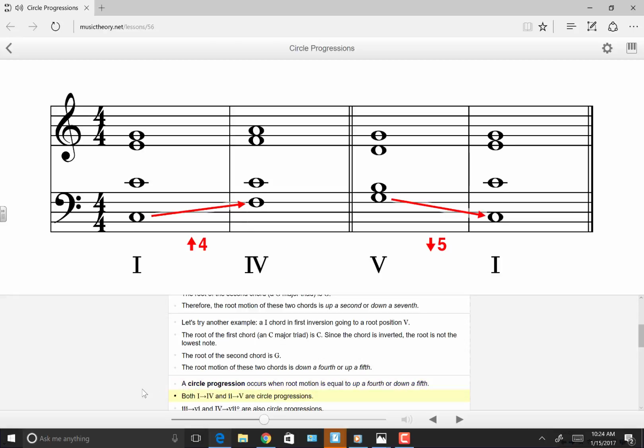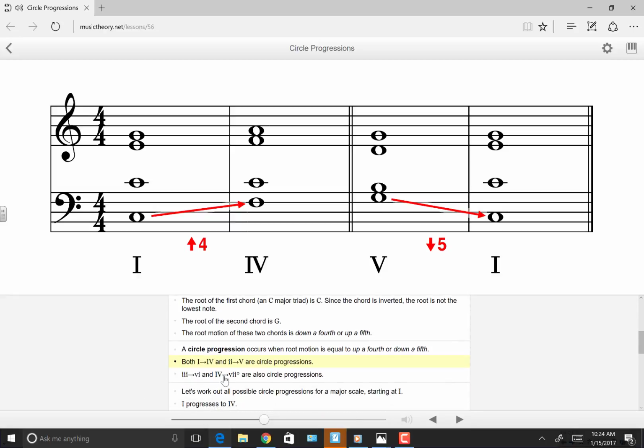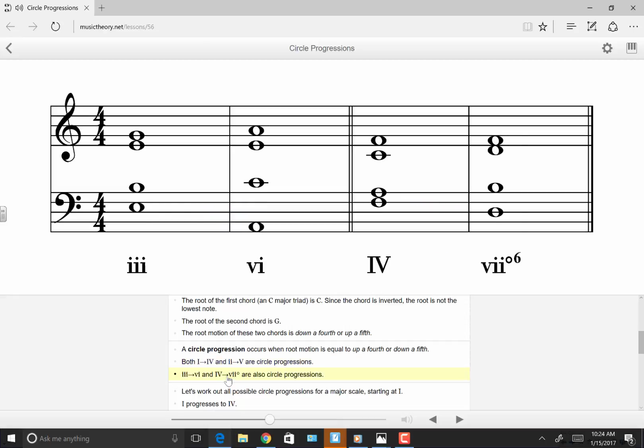So both 1 to 4 and 2 to 5 are circle progressions. Three to 6 and 4 to 7 are also circle progressions.